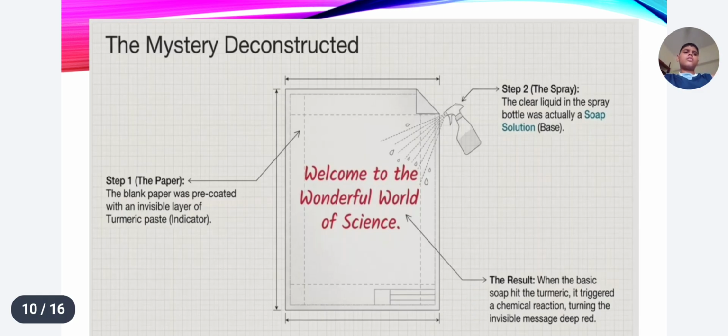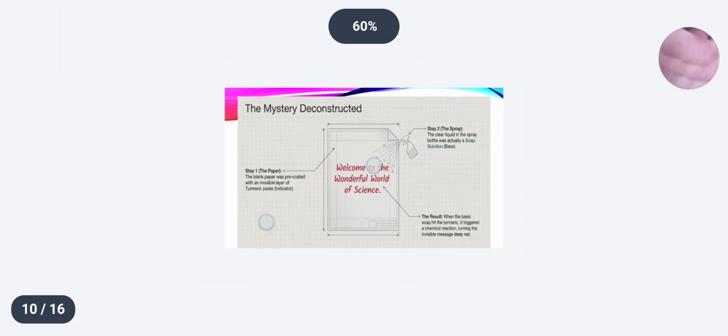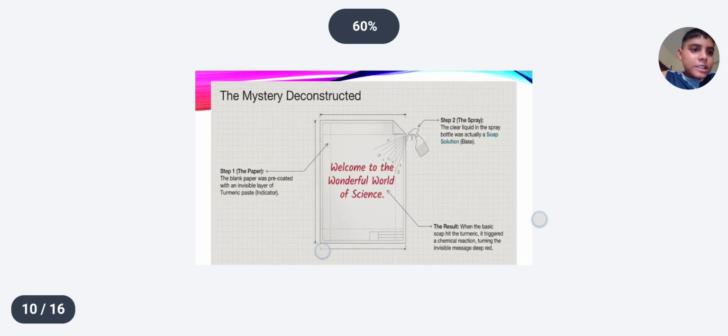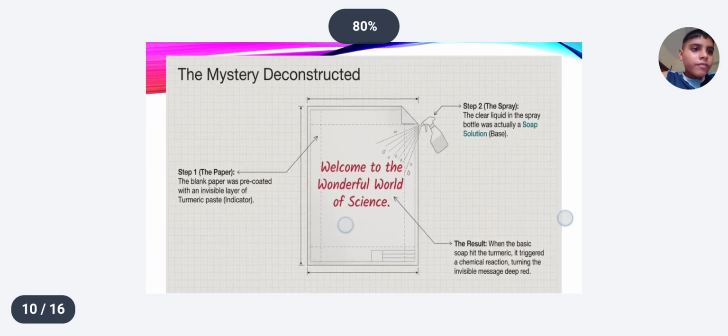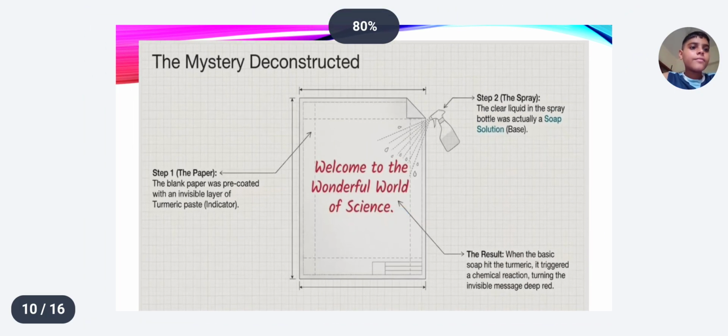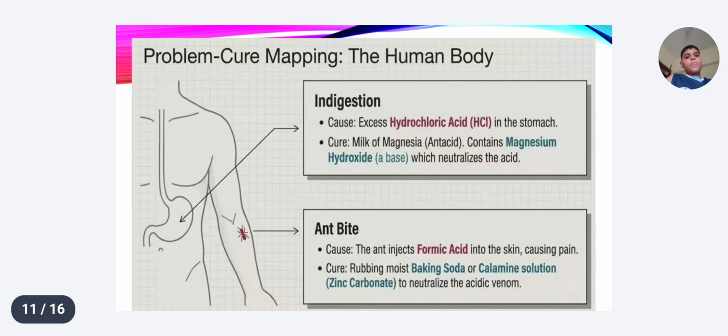This is just like type you can explain, but it is a little bit wrong. Okay. The clear liquid in the spray bottle was actually soap solution base. The result, when the base hits the turmeric, it triggers a chemical change, turning the invisible message deep red. Okay, you must know about red.